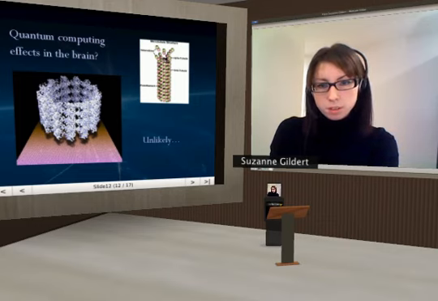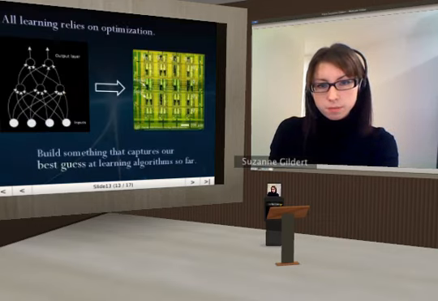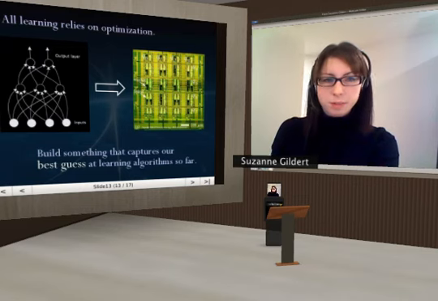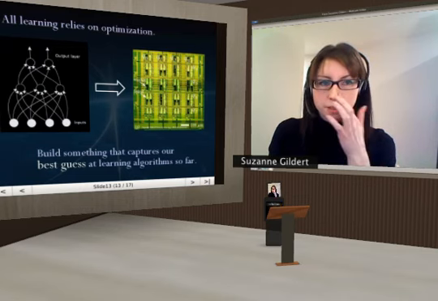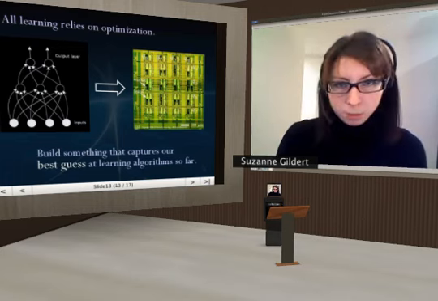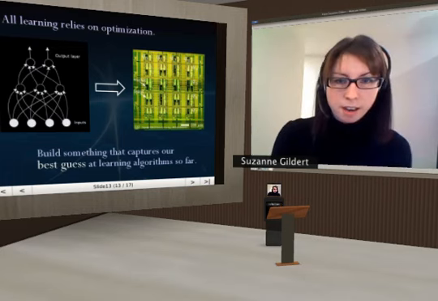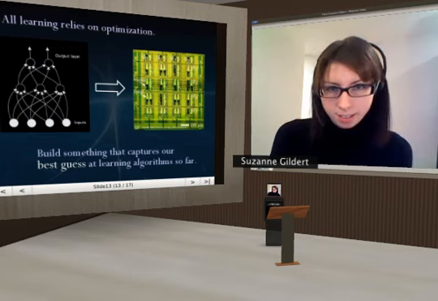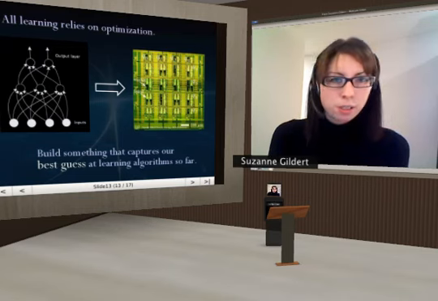Okay, so I'm not going to go into the details of how people believe the brain works currently. But the main point is that if we're trying to emulate it, we need to take our best guess at the algorithm we think it's running so far, and then try and match our hardware design to the algorithm.